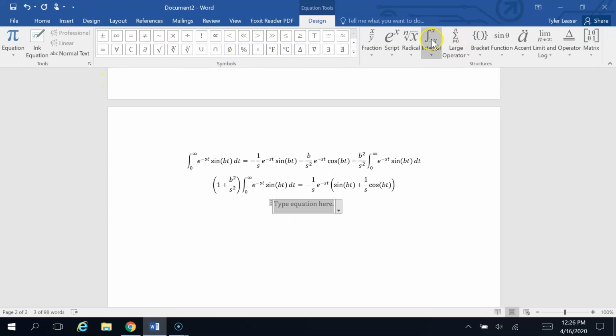So we still have the integral on the left-hand side from 0 to infinity, e to the negative st sine of bt dt.